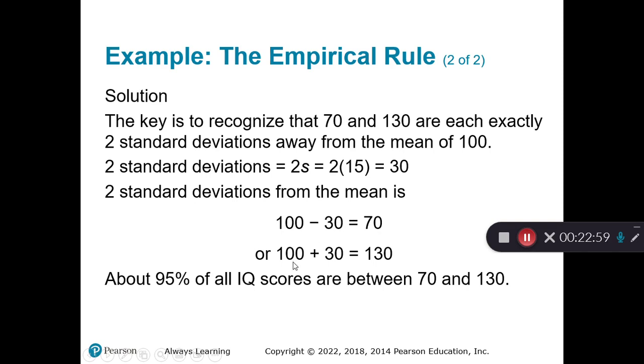And actually 2 standard deviations above it would be 130. So because 70 and 130 are 2 standard deviations to the left and 2 standard deviations to the right of the mean, we saw from the empirical rule that approximately 95% of all IQ scores would fall between these 2 numbers.